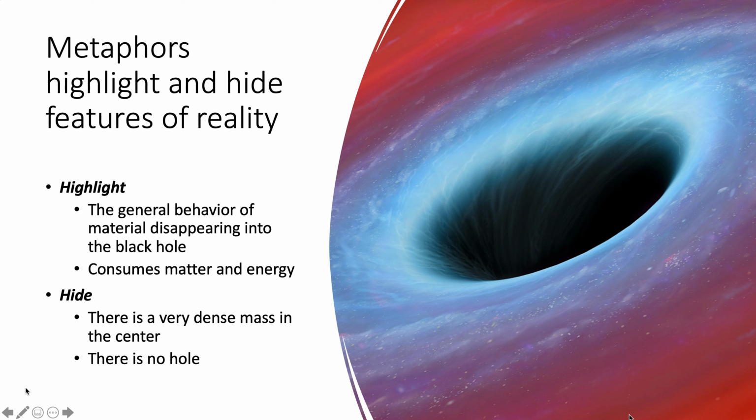This could lead to the development of unintended understandings. For instance, a black hole is not really a hole in space that stuff falls into. It is an incredibly dense mass which stuff is attracted to. The hole metaphor could lead some to think in a particular way about the nature of perception.